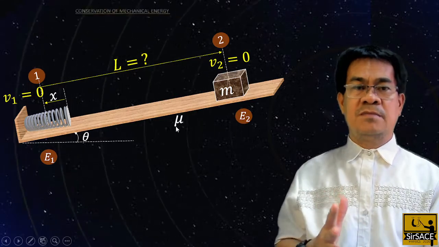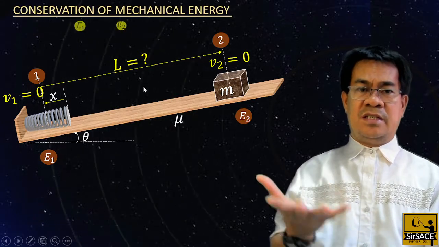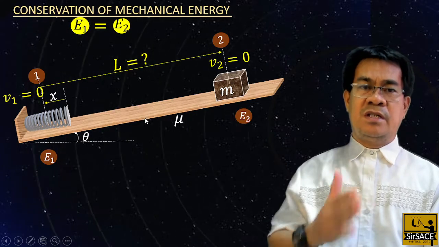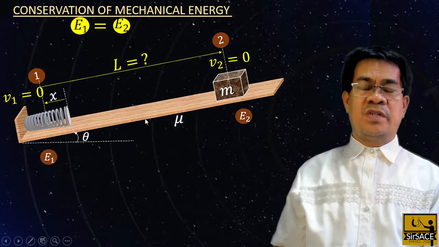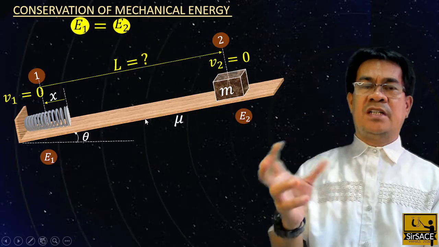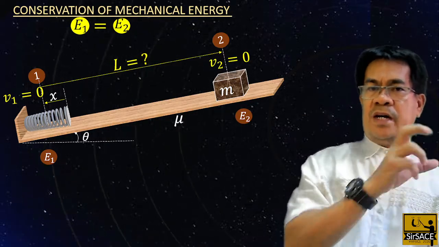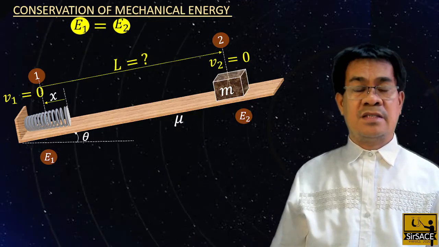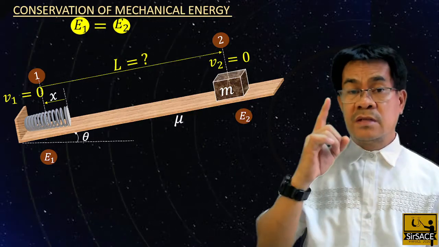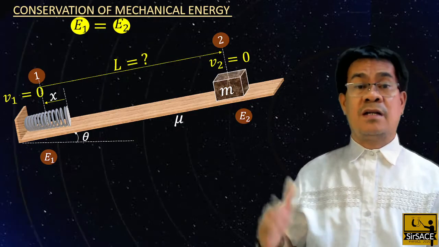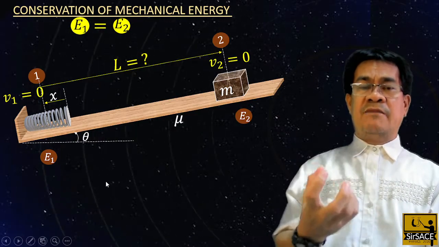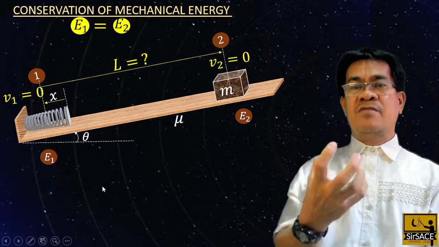Now take note that the law says that these energies must be the same. So E1 should be equal to E2, which means that we will provide the total initial energy and the total final energy, then equate the two, then find something that you can solve. Take note, our objective is to solve for L. Okay? So therefore, we need to identify what are the energies found at the initial point.